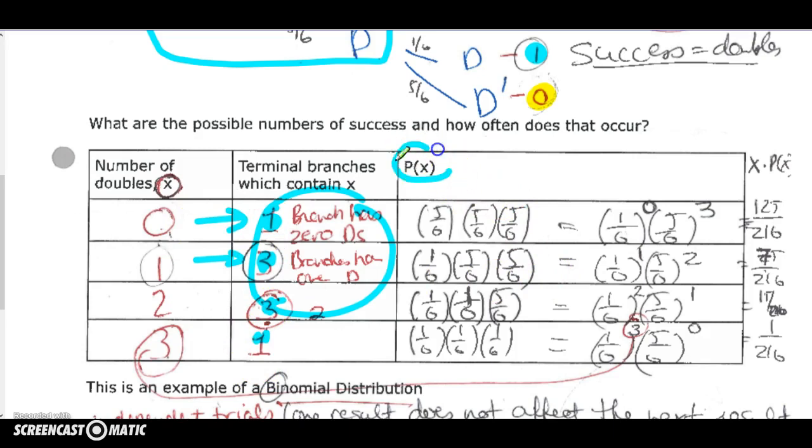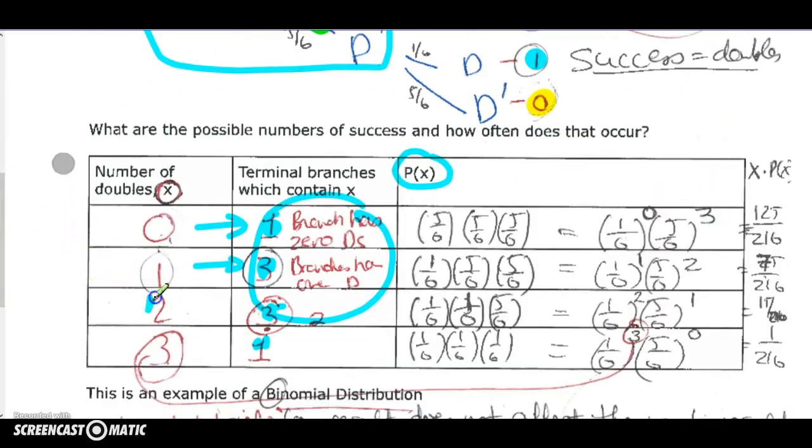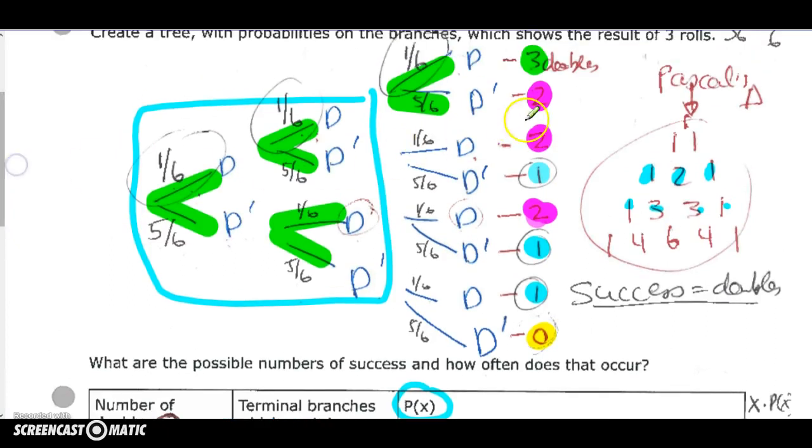And then we talk about the probability of this occurring. We just follow the branch all the way through. So let's just look at this one right here. What's going on here if I have 2 doubles? If I have 2 doubles, that can happen 3 different ways. And for each of these to have 2 doubles, you have a not a double here, so 5/6, and then you have a double, which is 1/6, and a double, which is 1/6.